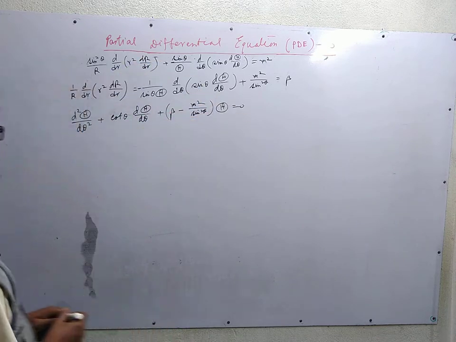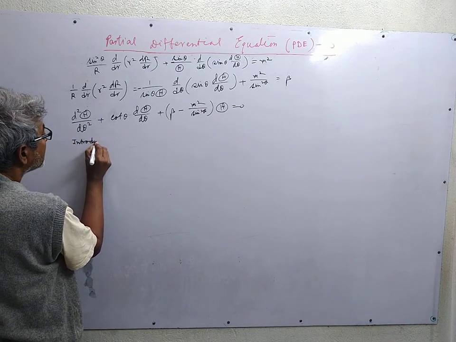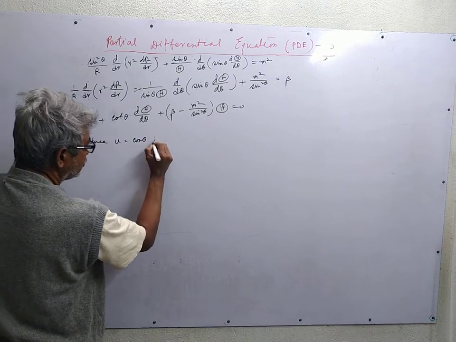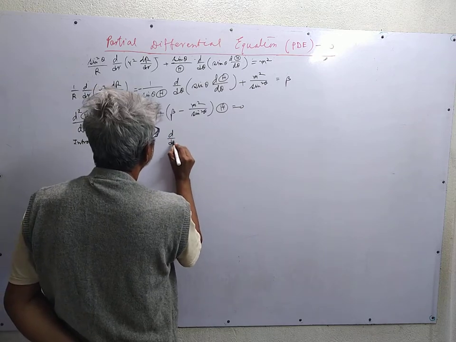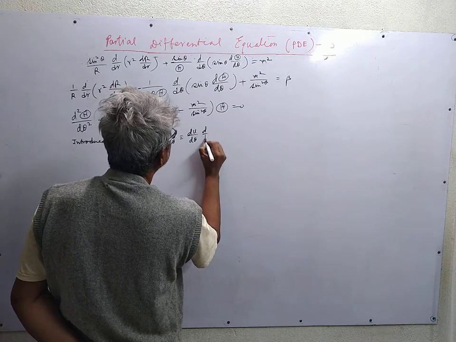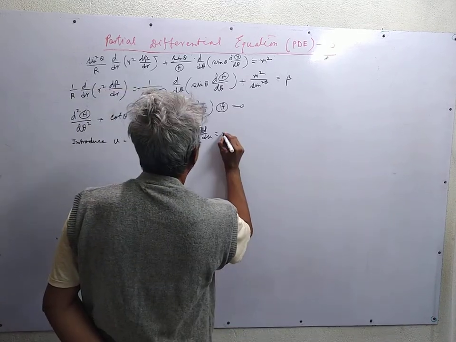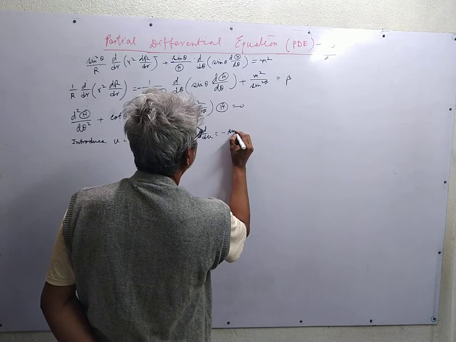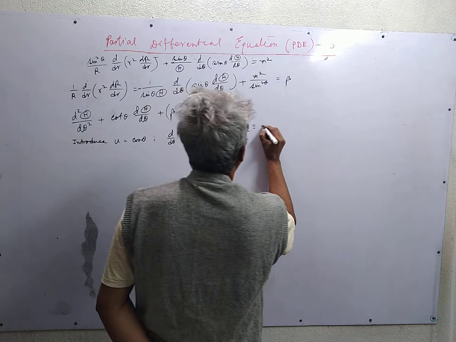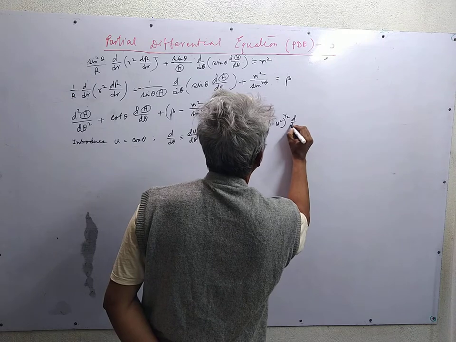And we introduce u equal to cos theta, so that d d theta becomes du d theta d du, which is equal to minus sine theta d du, which becomes minus 1 minus u square to the power half d du.